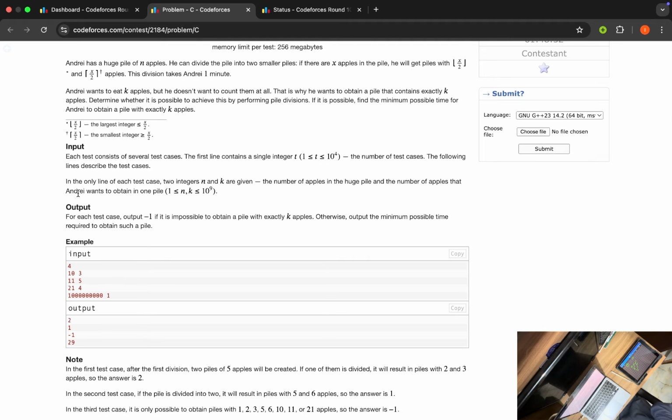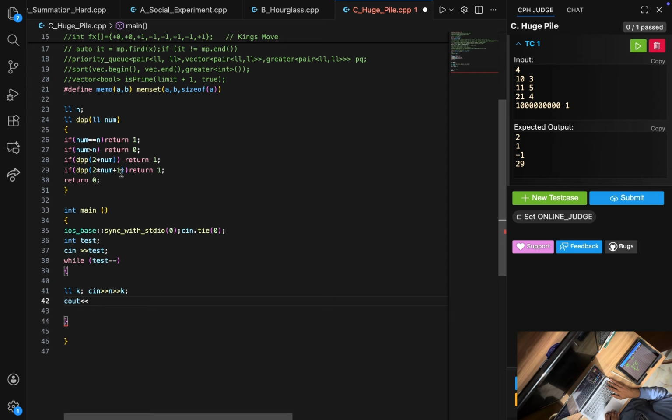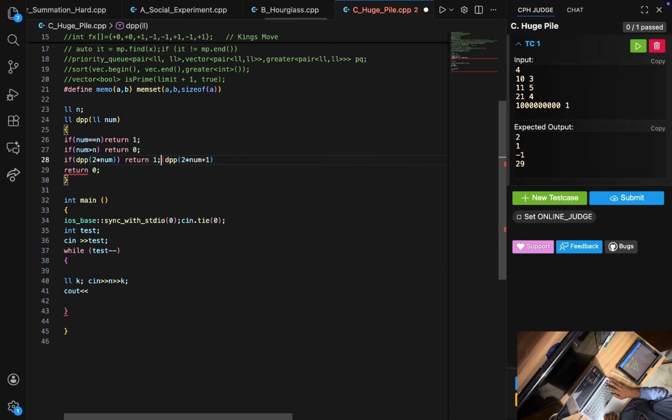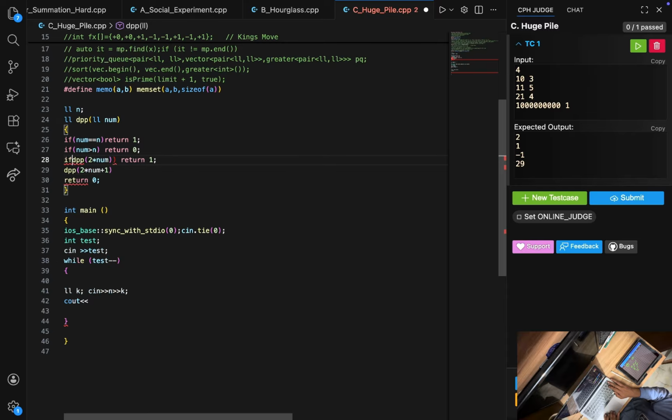Oh, it needs the minimum number of operations. Okay. I surely need a DP. I can't do it this way. I think there should be some better way of doing it.